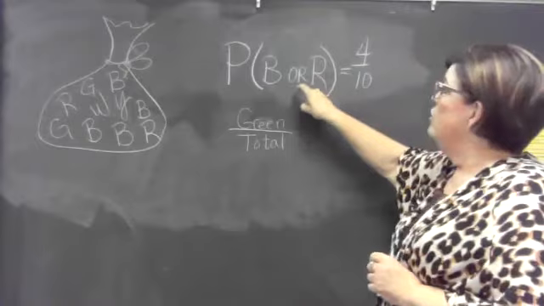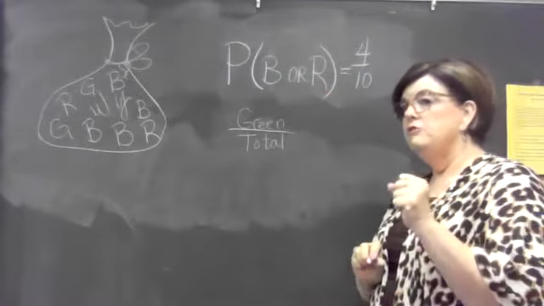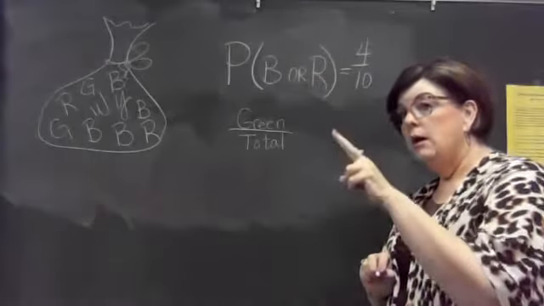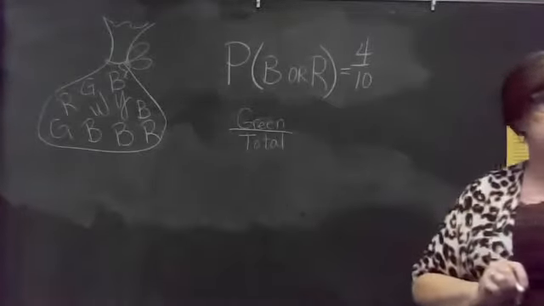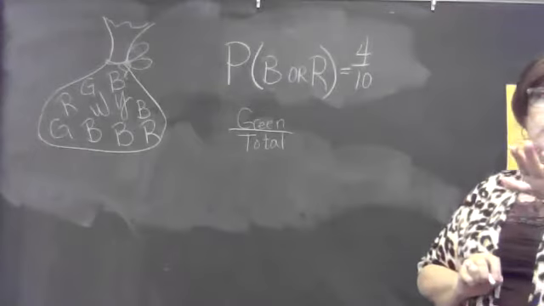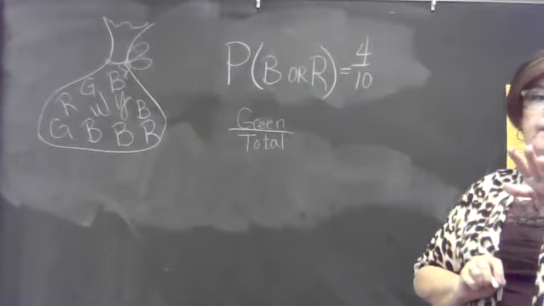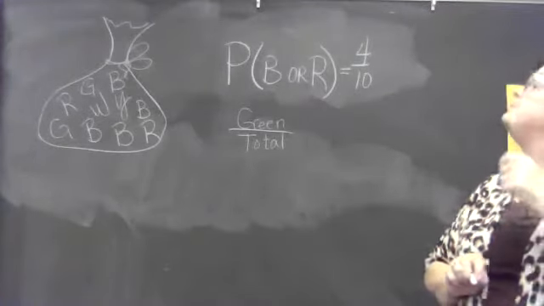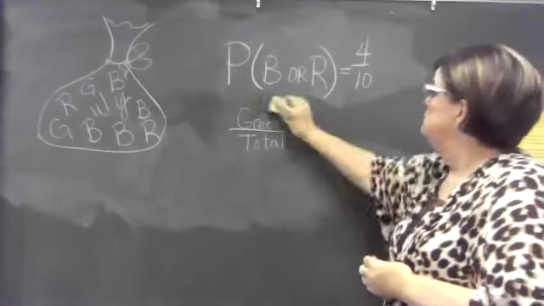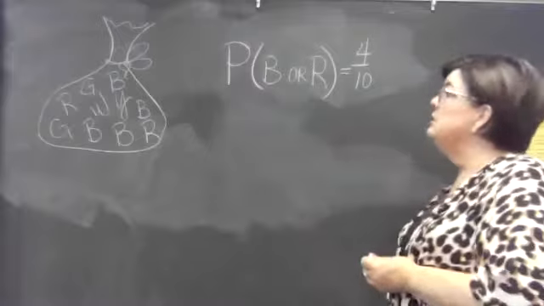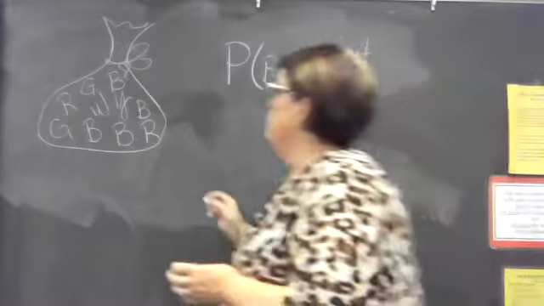And the or, now we're going to have the difference between or and and. Okay, or and and. When you see, let's go ahead and talk about or and and.